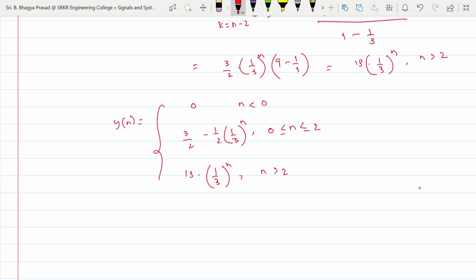This is the output y of n for the different n values. I hope the convolution is clear for you by practicing these two different types of problems. Thank you.